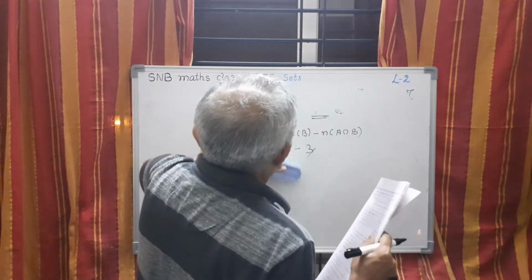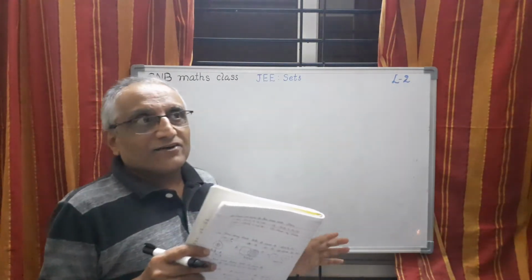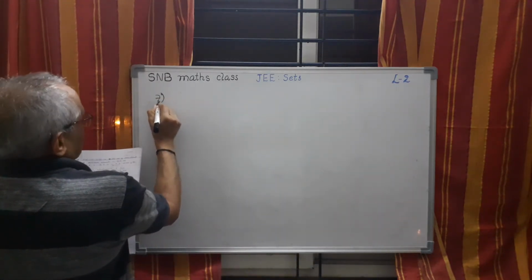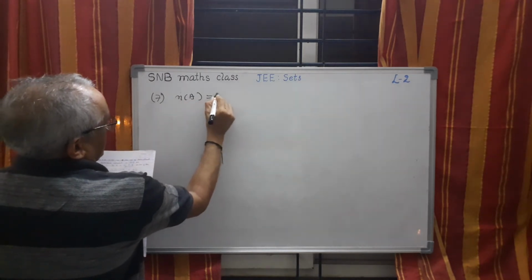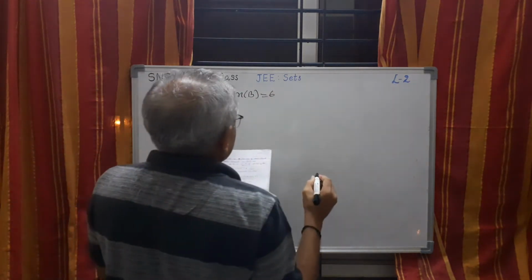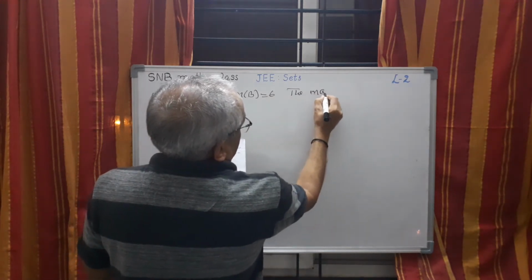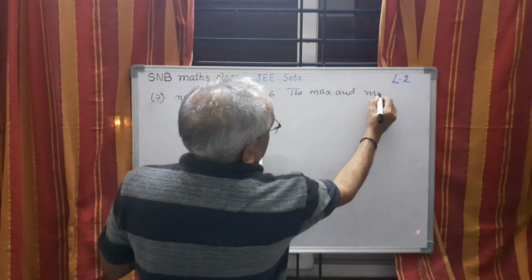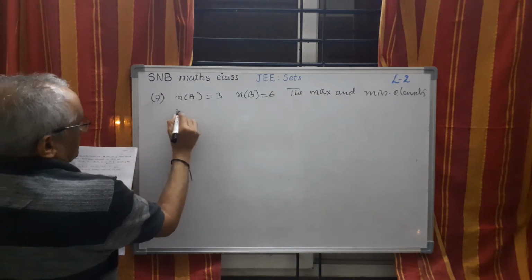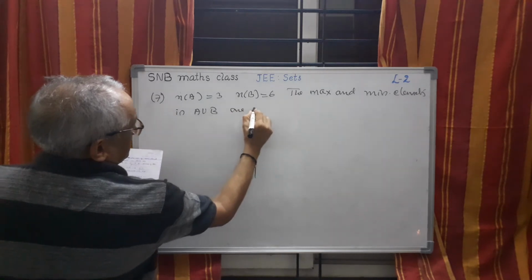So let us take a similar concept. Today most of the questions I have selected are of similar nature. This is the 7th question. Number of A is 3, number of B is 6, and the maximum and minimum elements in A union B are respectively.